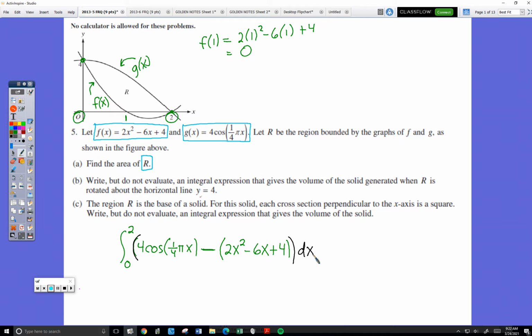So we don't integrate. Instead, we anti-differentiate and evaluate because we don't have a calculator. 4 is a multiplying constant. Just write equal here. The antiderivative of the cosine of ax plus b would be 1 over the a, sine of the ax plus b.